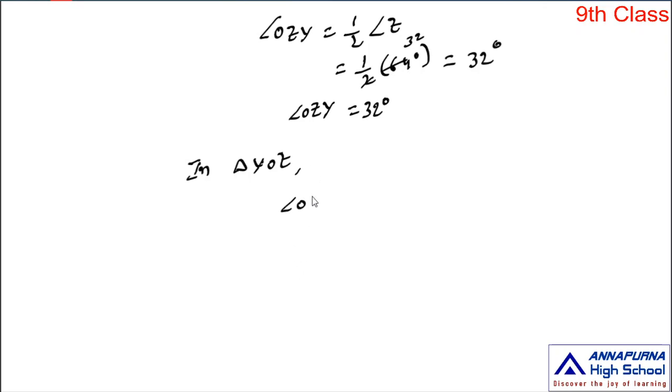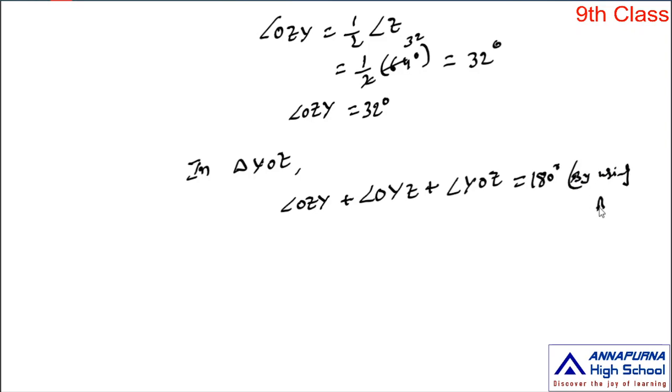Angle OZY plus angle OYZ plus angle YOZ is equal to 180 degrees by using angle sum property. ASP means angle sum property.